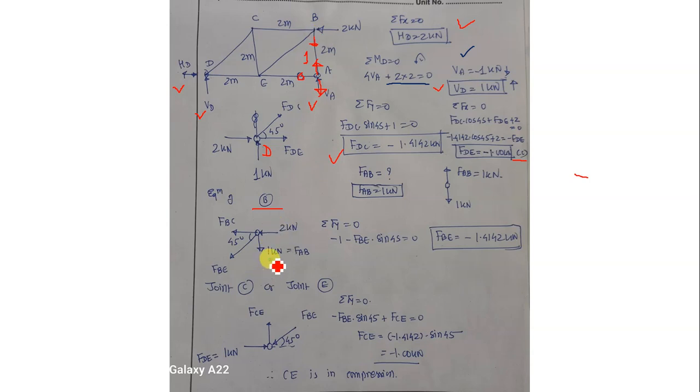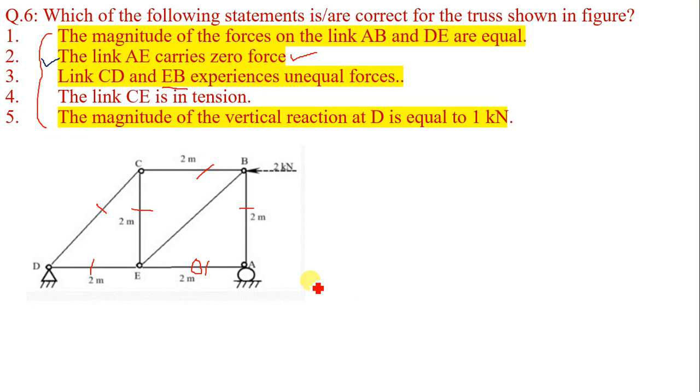So this is FAB, 1 kilonewton, FBC assuming it as tensile in nature, and this is FBE. If you apply summation Fy is equal to 0, -1 minus FBE sin 45 is equal to 0, so FBE is equal to -1.4142. So let us go to the option: links CD and EB experience unequal forces.